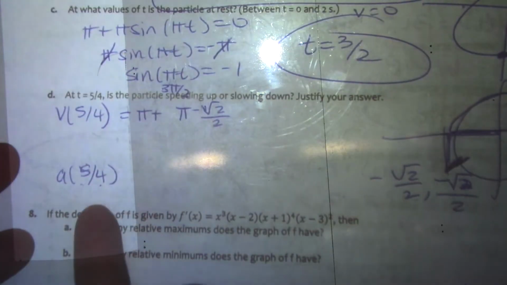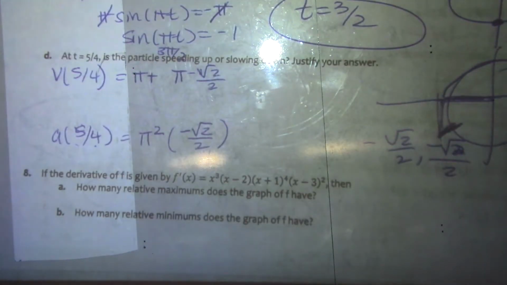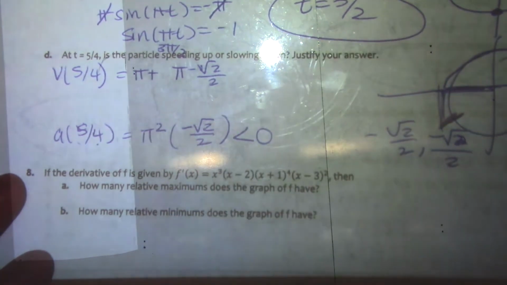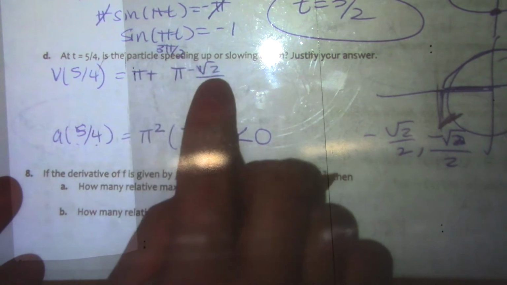Okay, so we're going to plug in. This one is pi plus pi sine of what I'm looking at, which is negative root 2 over 2. And then the acceleration is pi squared times this cosine, which is root 2 over 2. Now this is obviously just a negative value, so this is less than 0. This one is negative, this one is positive, so whether it's positive or negative just depends on which is bigger.